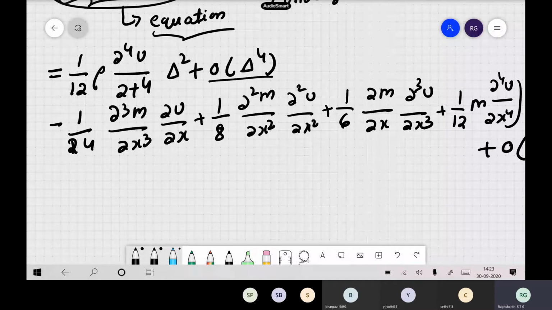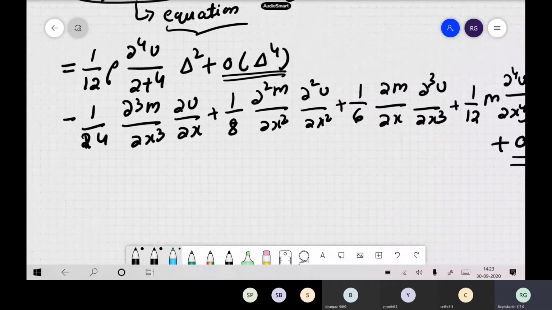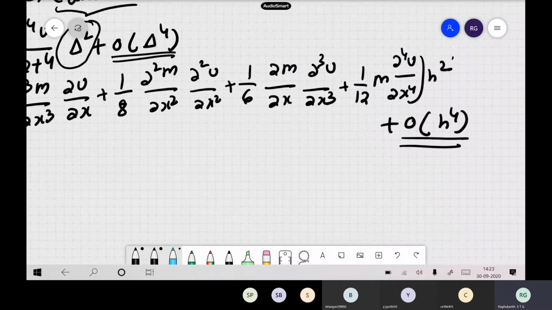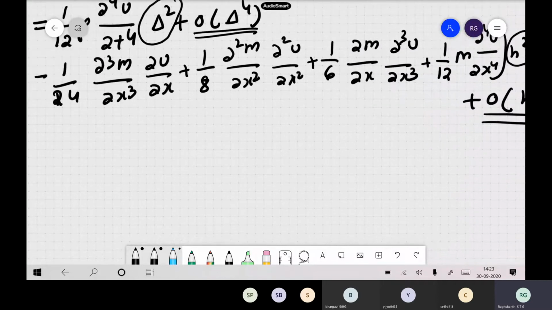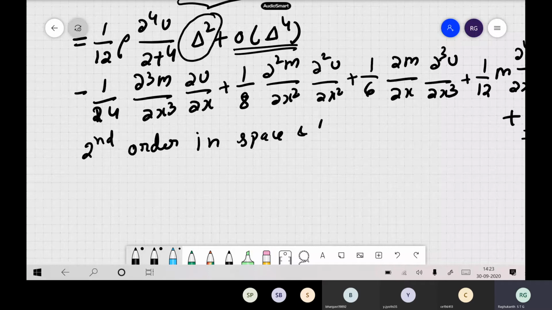No, this is the error, the error terms are of the order of 4. For a general finite difference, you have to see this term, Δt² and h². So you can say that the scheme is second order in space as well as time.